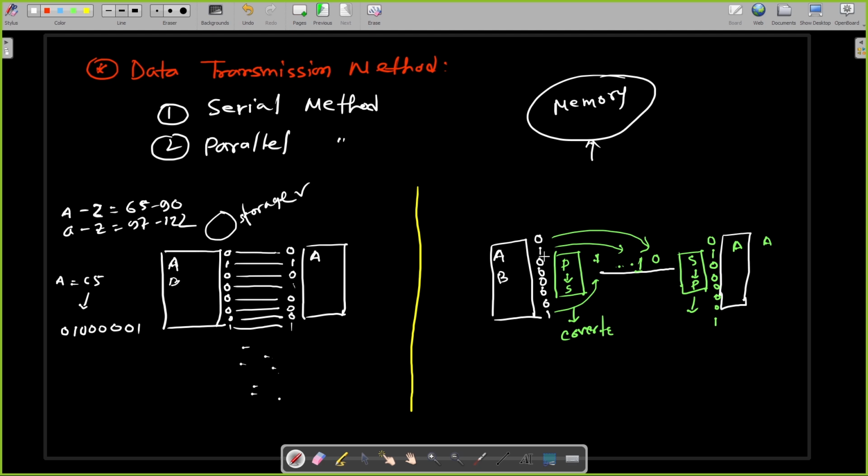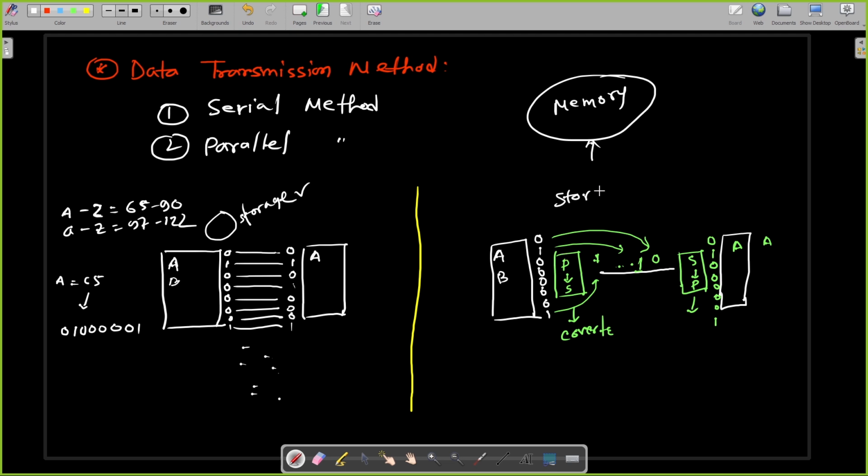So that means they don't need a storage device, because they don't store, they just send. For example, you can think about your keyboard. If you write anything on your mobile or computer keyboard, those keyboards transfer your data one by one. So this is called the serial method.